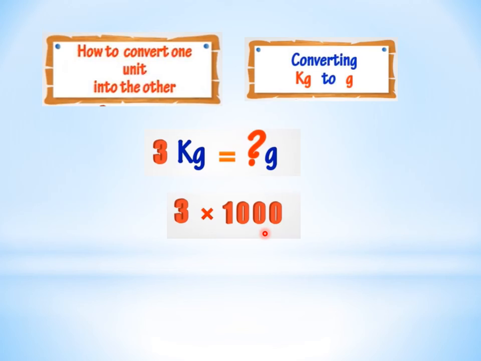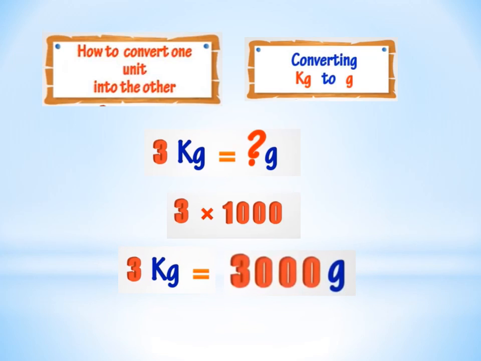Why? Because 1 kilogram is 1,000 grams. So I will put the 3 and add 3 zeros. Can you read this number? Yes, 3,000 grams. So 3 kilograms is equal to 3,000 grams.